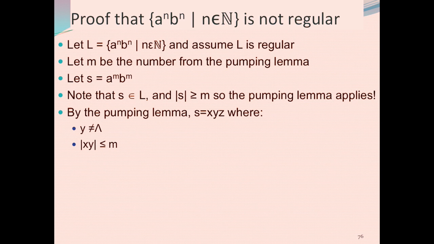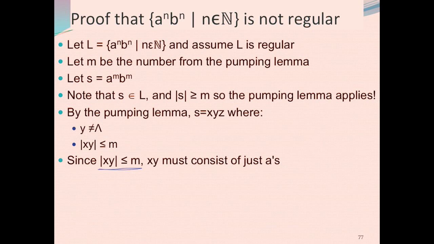Now, by the pumping lemma, we can split our string into an XYZ part, where we know for sure y isn't lambda, and we know that if I squish the x and y part together, the number of letters in that is less than or equal to M. Given that the xy part is less than or equal to M, that means the xy part must just have A's.